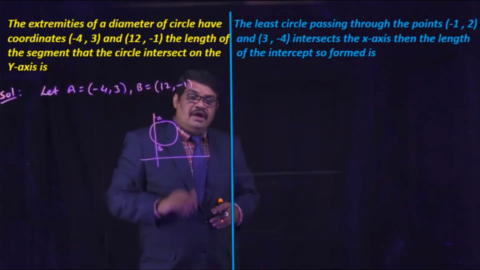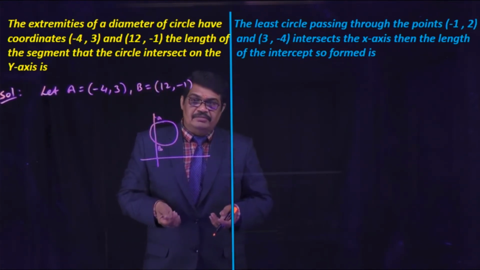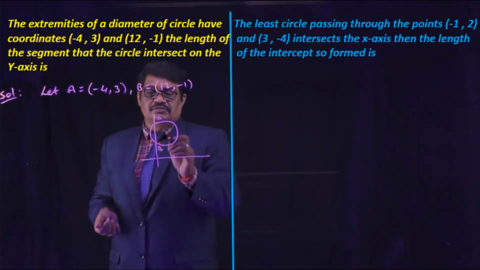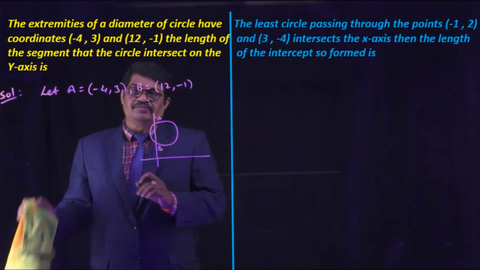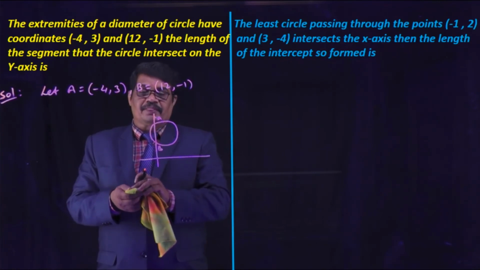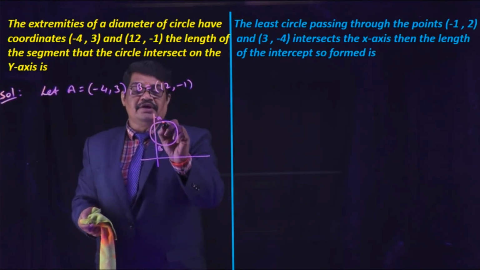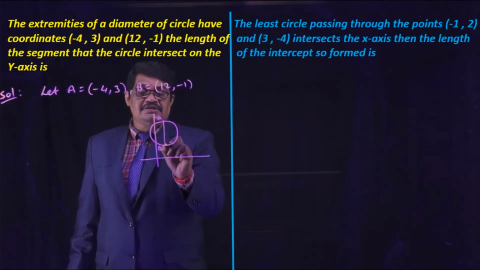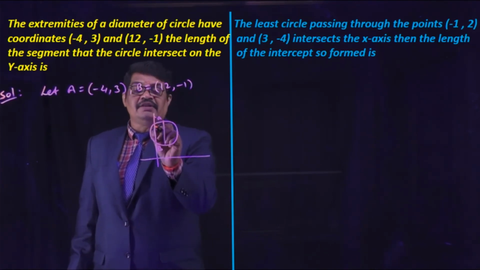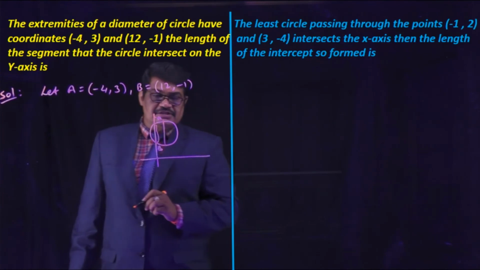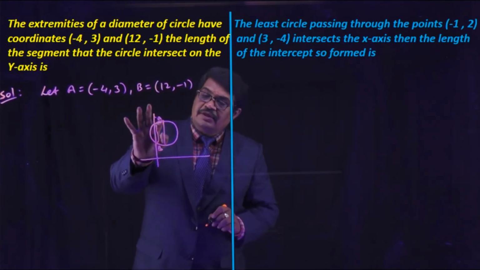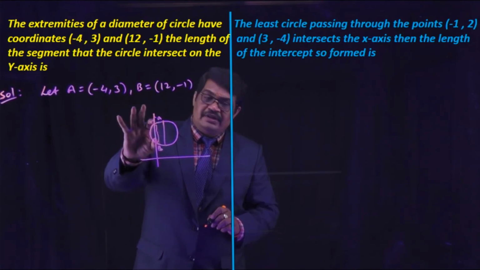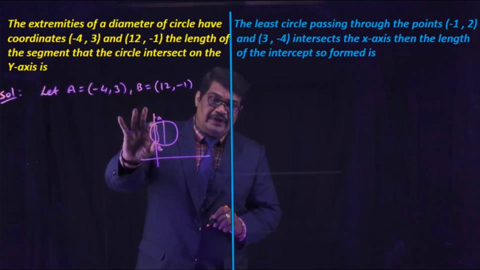Here these are the endpoints of the diameter of the circle, these are the coordinates of A and B. Now we have to find the length of the y-intercept.